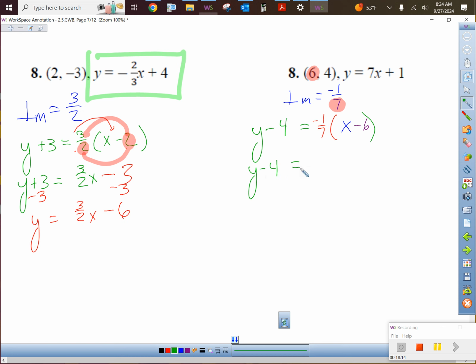Y minus 4 is going to equal, everybody can do negative 1/7 times x, right? Won't that be negative 1/7 x? Yeah. And then we'll do the signs next. It is a negative times a negative, which is a positive. And here's how to make the oh crap not as crappy. Make this 6 a fraction. All right, put him over 1.